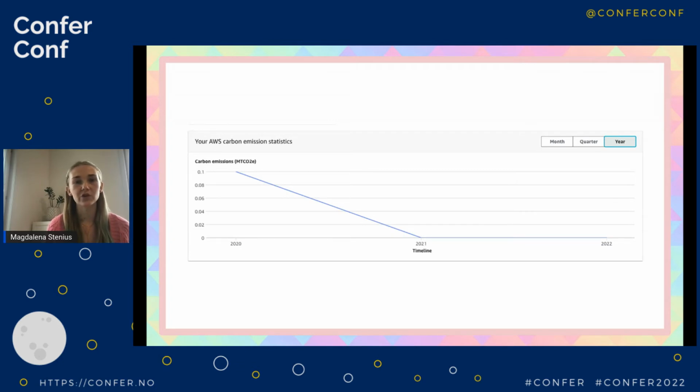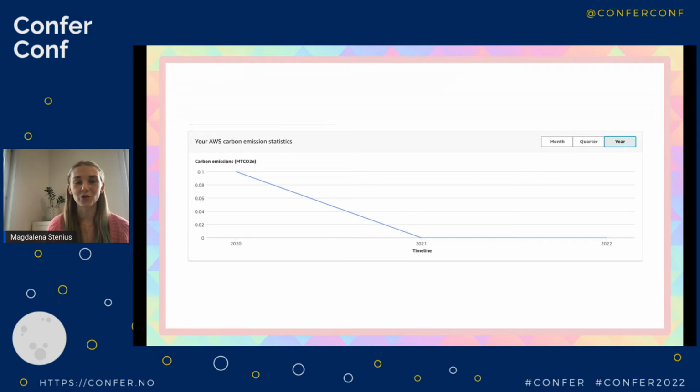So they have this methodology of compensating for carbon emissions where they pump renewable energy into the grid to compensate for the non-renewable energy they used. And all of our infrastructure happens to be in EU West 1, which is one of these carbon compensated regions. So effectively, it looks like we don't have any emissions at all from our platform.